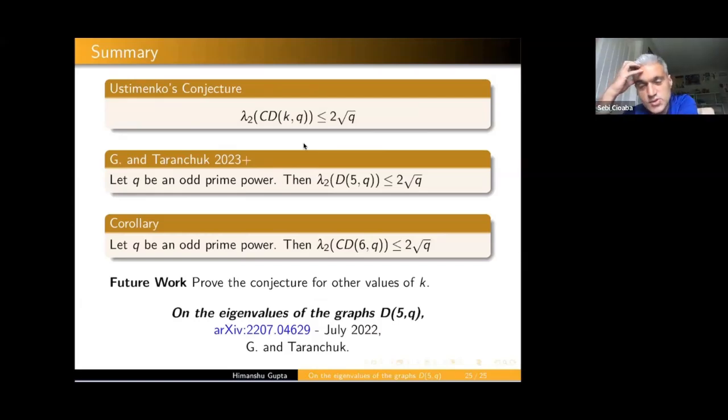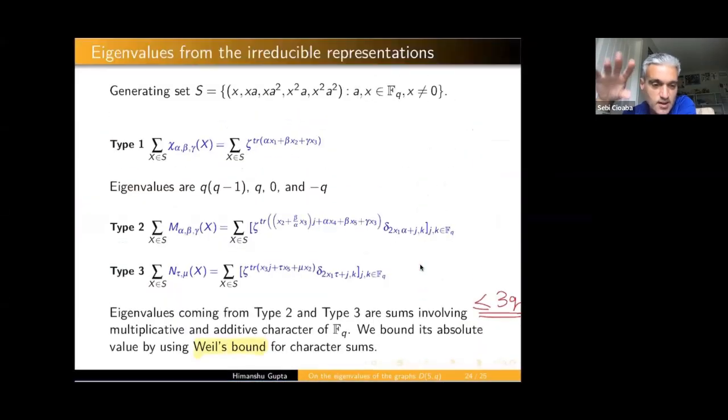I have a quick question. Does the same thing happen, in this group that you have, where the generating set is like these alternating powers, like x, ax, ax squared, and so on?